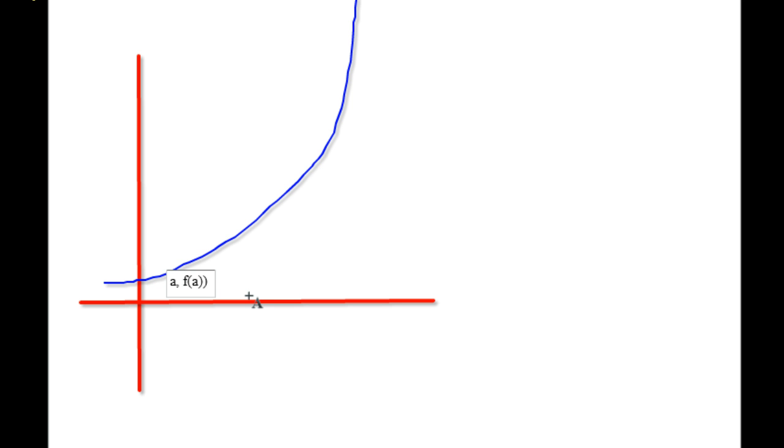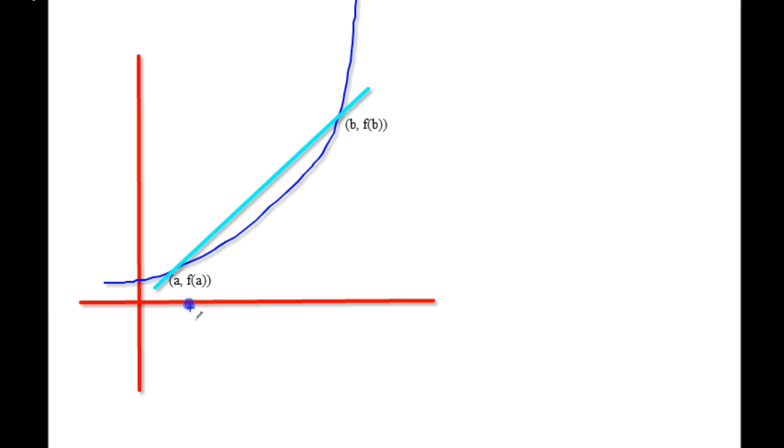Let's put a parenthesis back in front of that. Okay, so let's pick a point there, and then let's pick a point up here, (B, f of B). Then we find the slope between those two points.